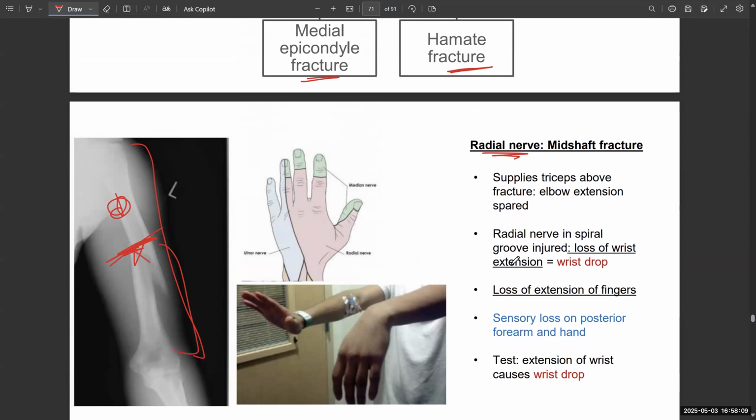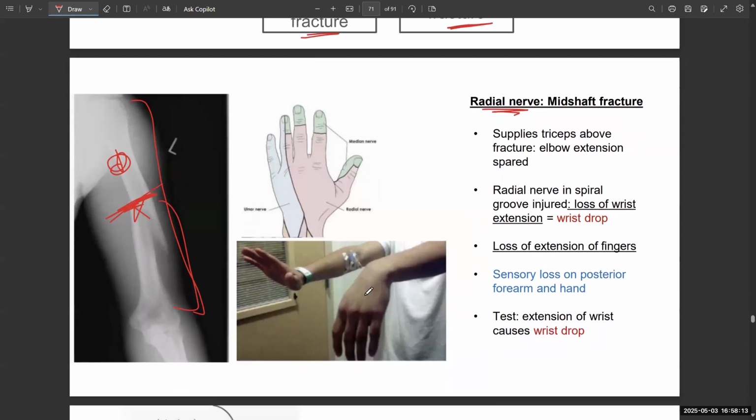So the radial nerve in the spiral groove is injured and you have loss of wrist extension, which means you have wrist drop as seen over here. If they try to extend their wrist, it won't be possible because you have loss of extension.